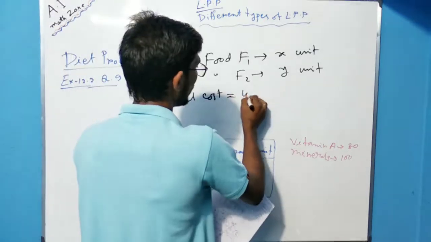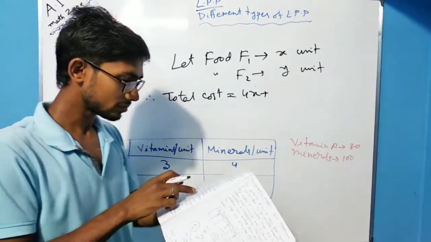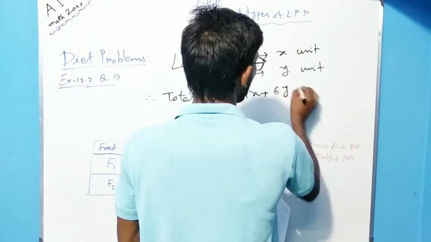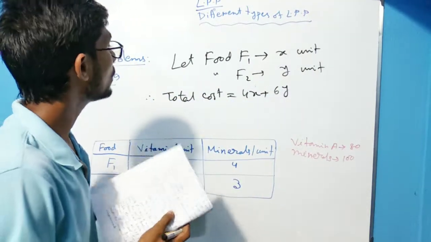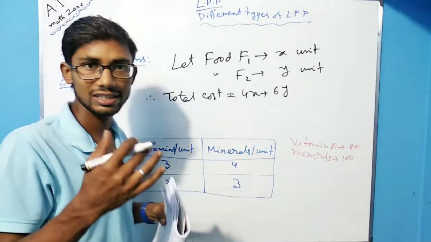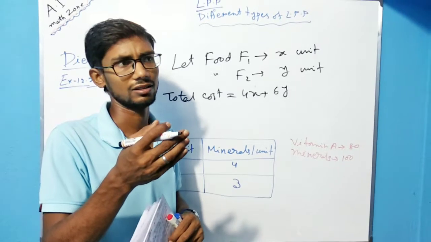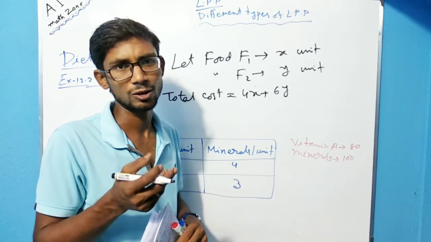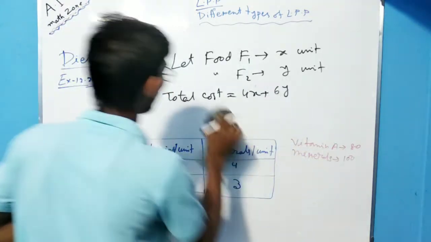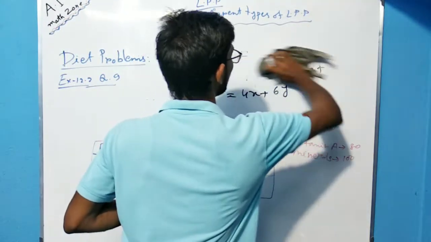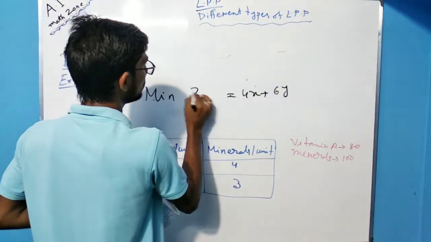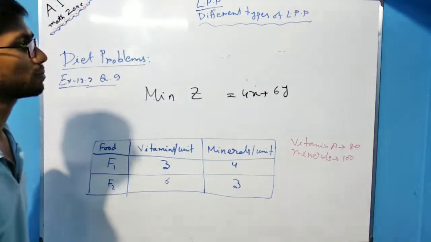So 4x plus, and rupees 6 per unit for food F2, right? So 6y. So this is the total cost and you have to minimize this cost, right? When buying something, we may be prepared to pay more or to pay less; of course, it should be as low as possible. Okay, so the objective function is minimum of z equals 4x plus 6y.